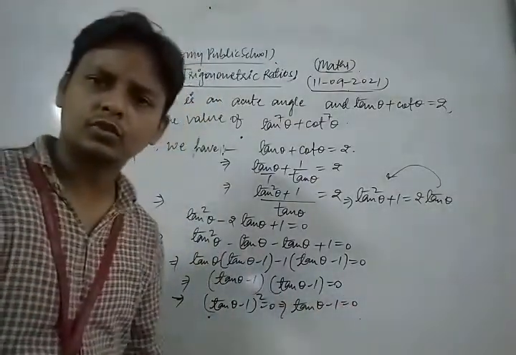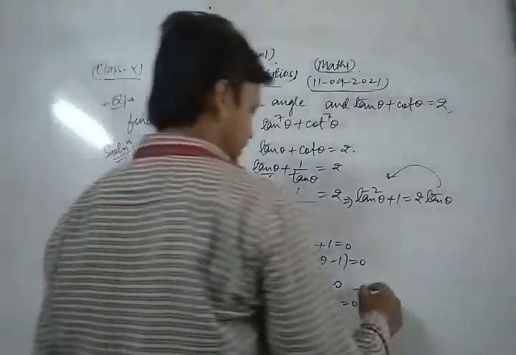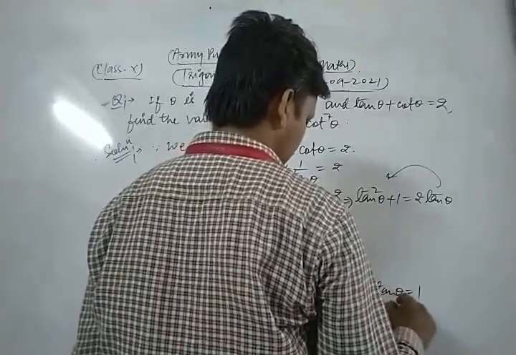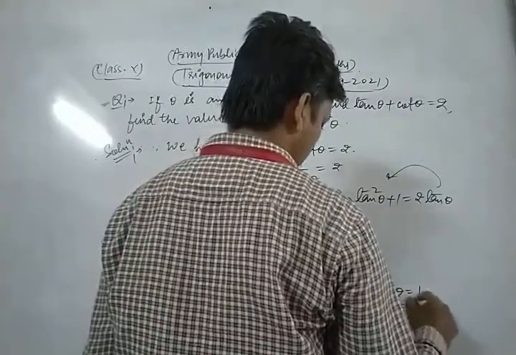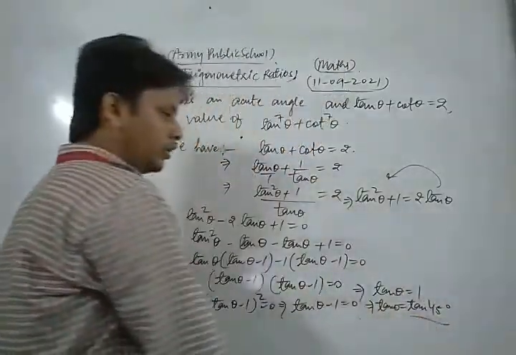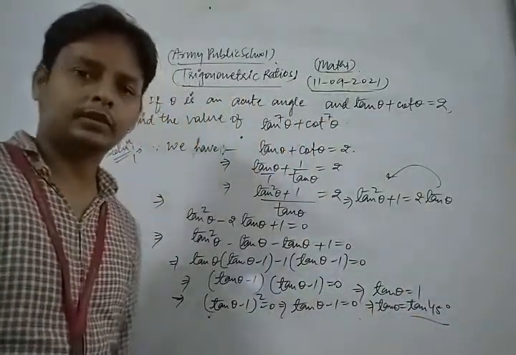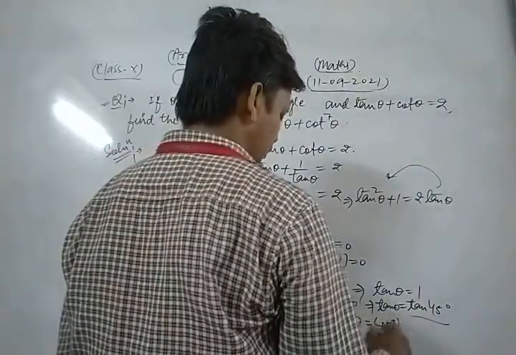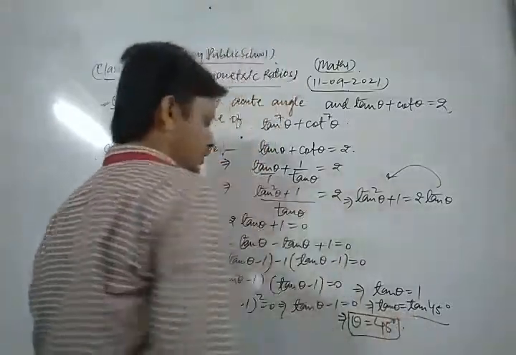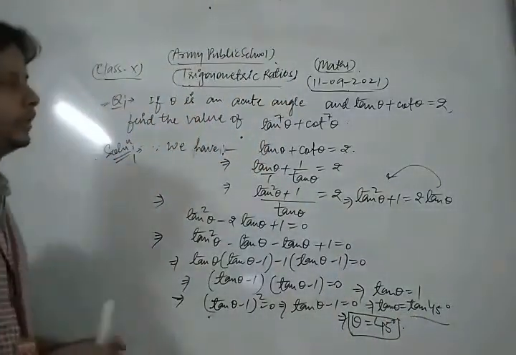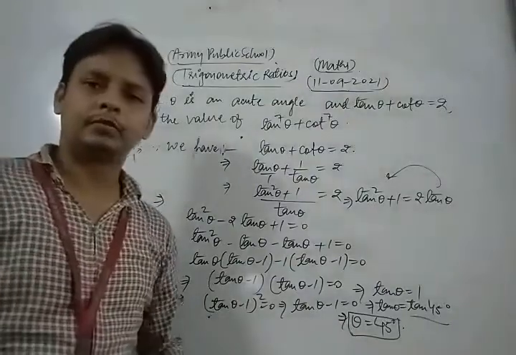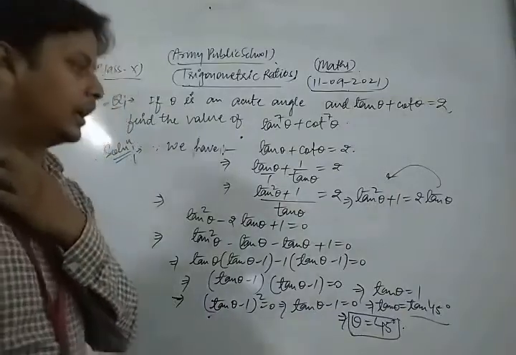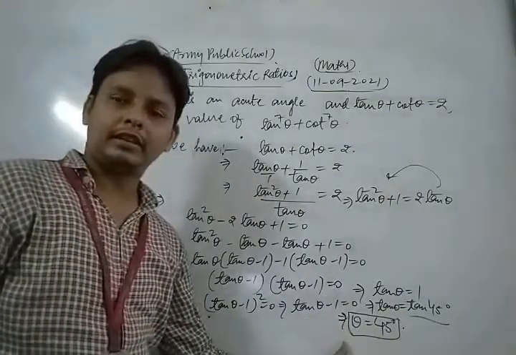Then tan theta is equal to 1, so tan theta is equal to tan 45, because the value of tan 45 is 1. So in this way the value of theta is 45 degree.